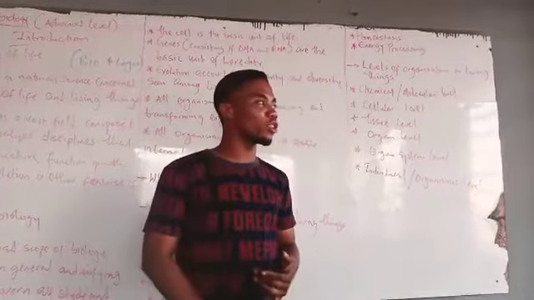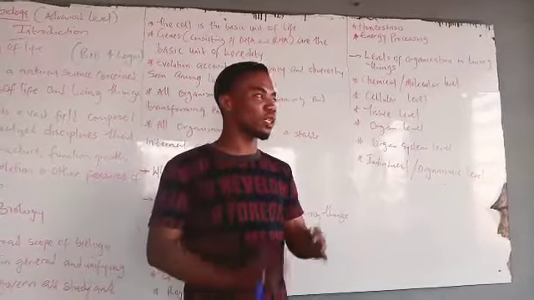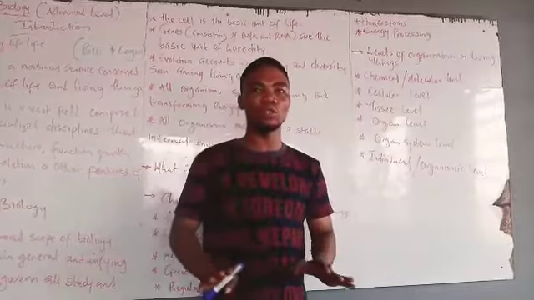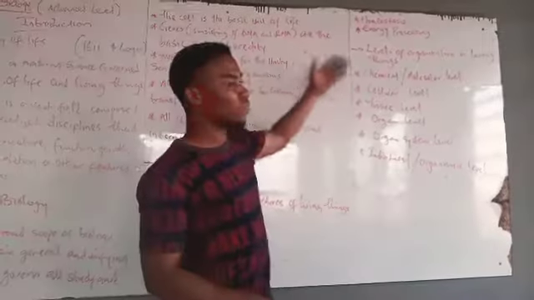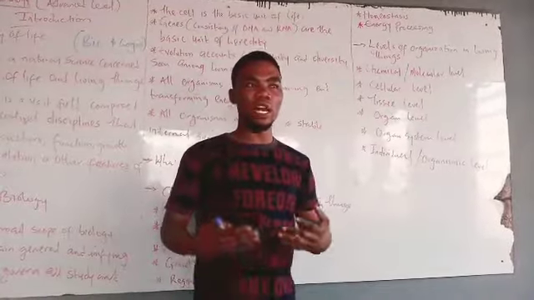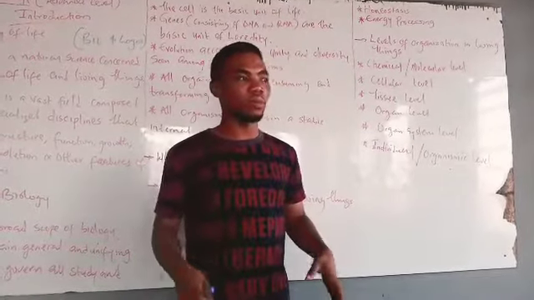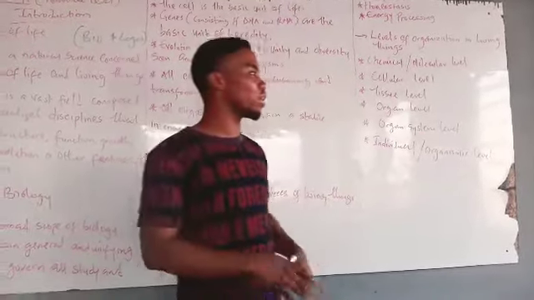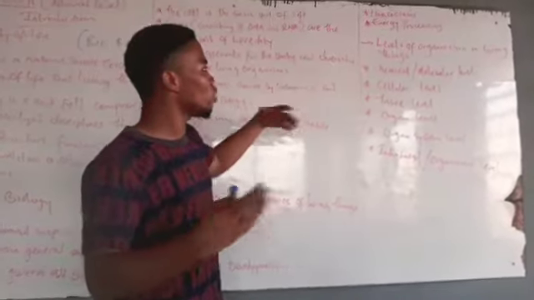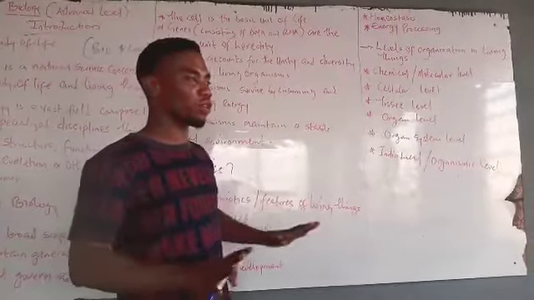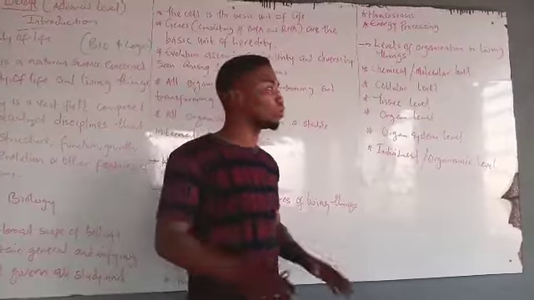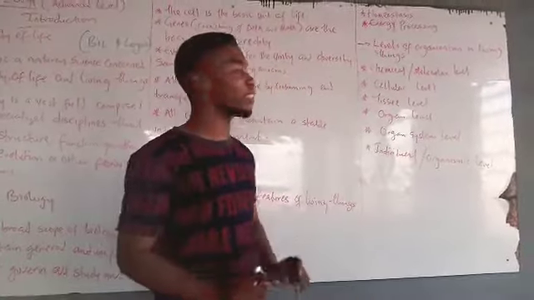The body of a living organism should be at a particular temperature, and it should be maintained at a constant level. And then we have pH level, that is, the acidity and the alkalinity of the body system should be at a particular level. That is all that homeostasis is: making sure that the internal environment is at a stable level, at a steady state.